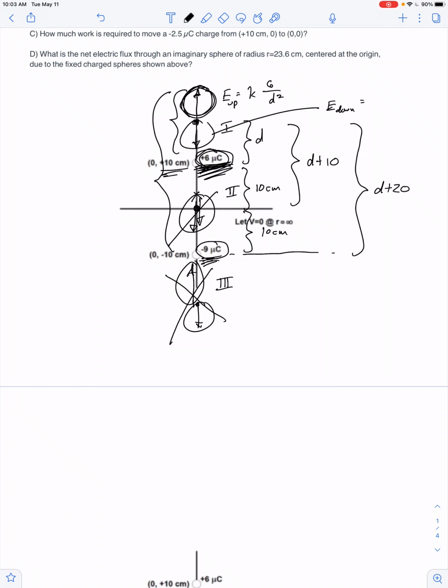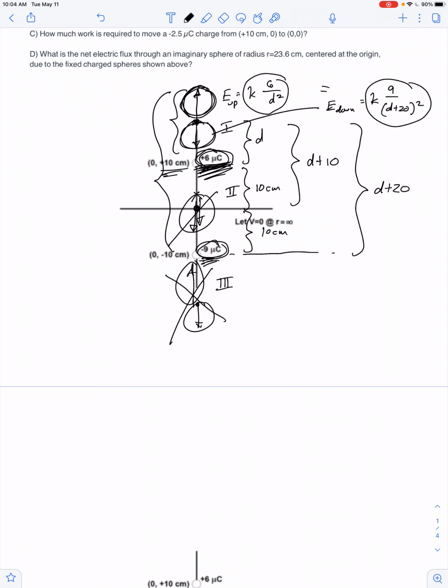The electric field component that points down is k times 9 divided by d plus 20 quantity squared. Now you might say that should be a negative 9, not a positive 9. No, I've dealt with the fact that it's a negative charge by drawing the electric field vector in the downward direction. All I'm really going to say at this point is that the magnitudes of these electric fields are equal.